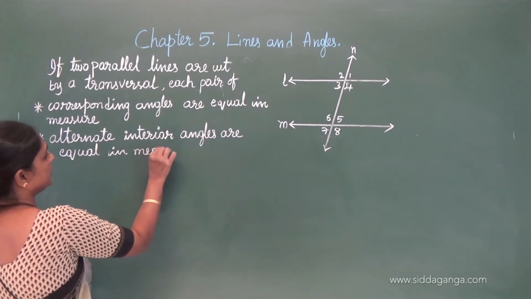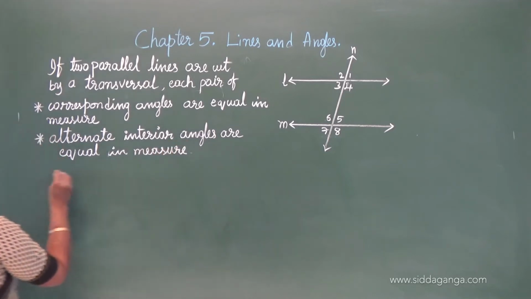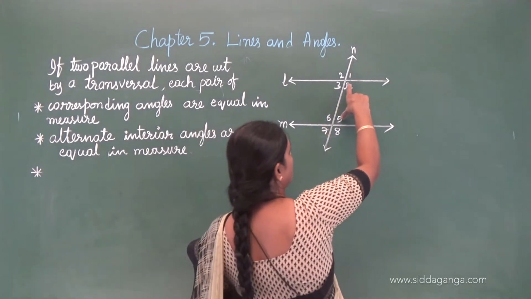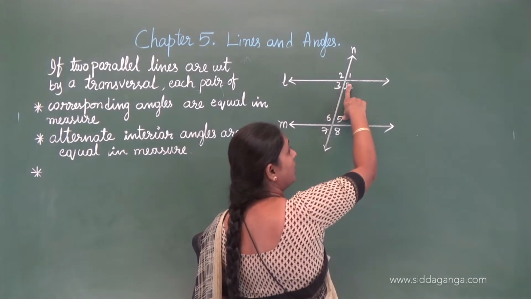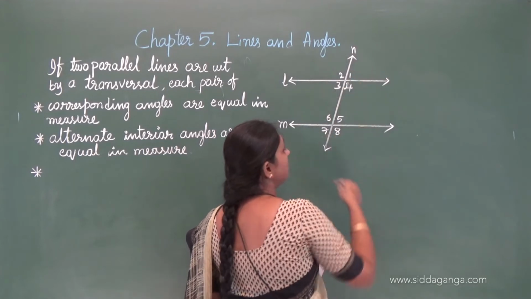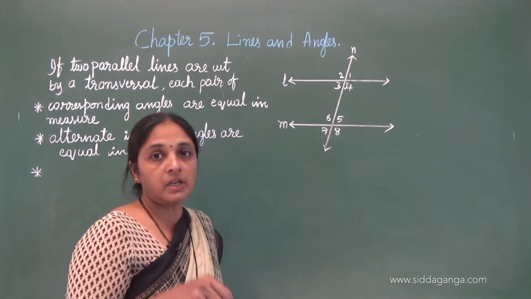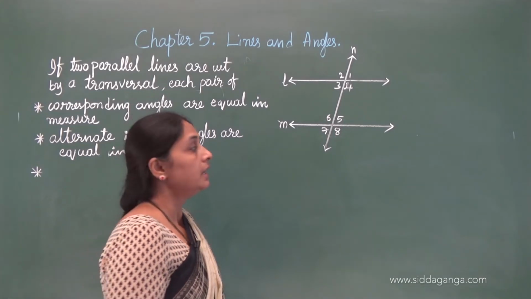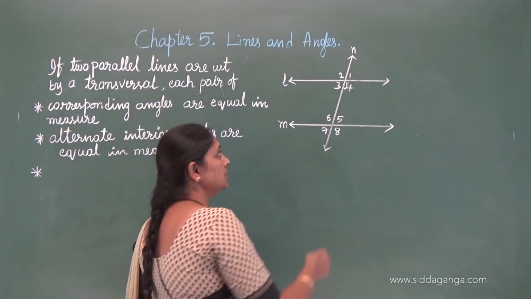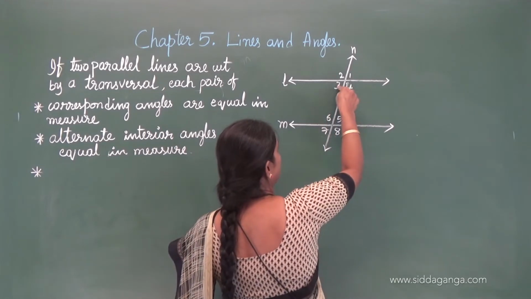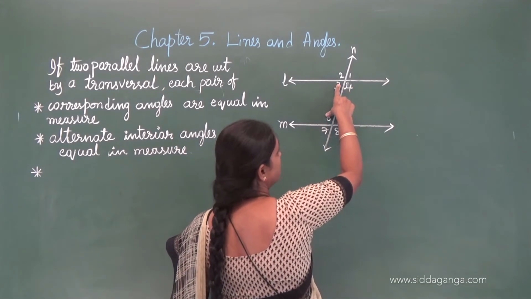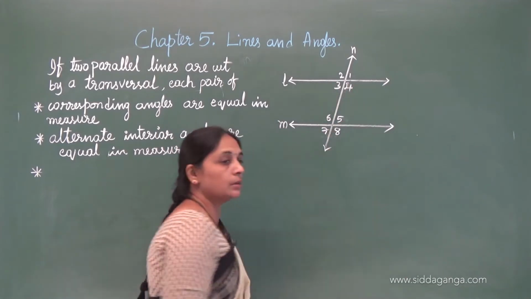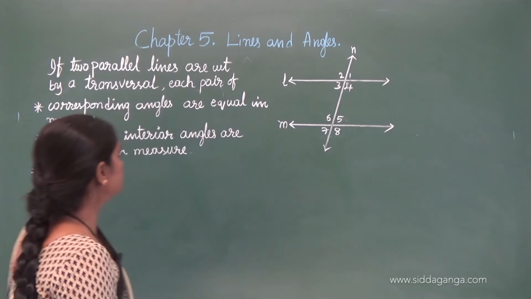And the third one is, what can we write? We can tell about the angles which are interior and at the same side of the transversal. They should be interior and present at the same side of the transversal. Here we consider angle 3 and angle 6, and angle 4 and angle 5. These are supplementary to each other.